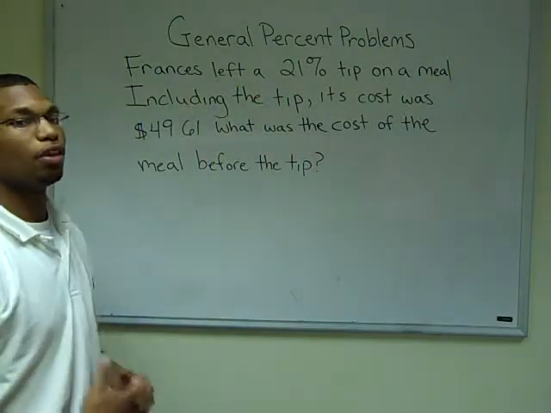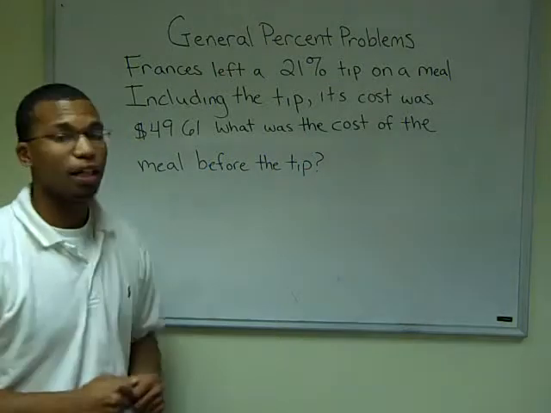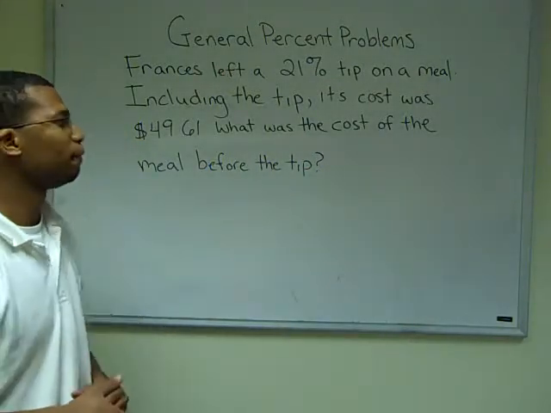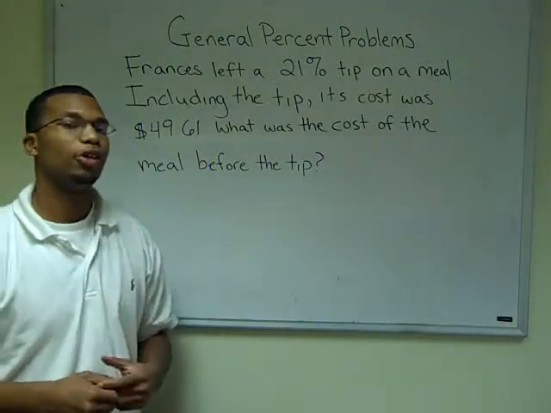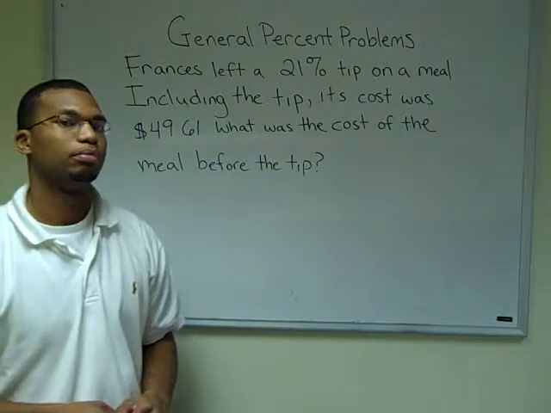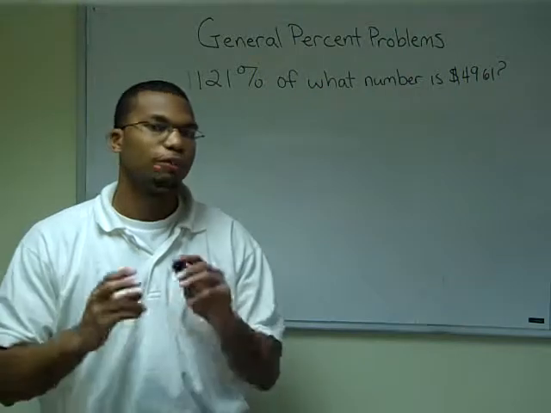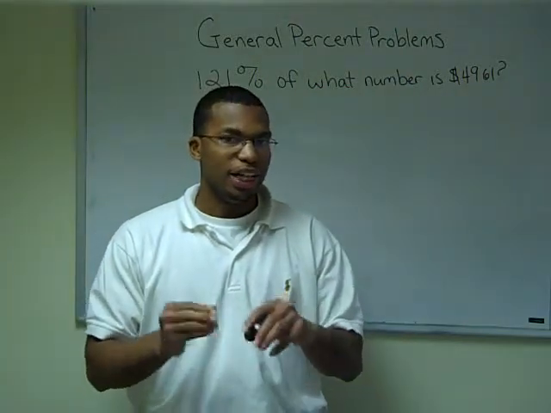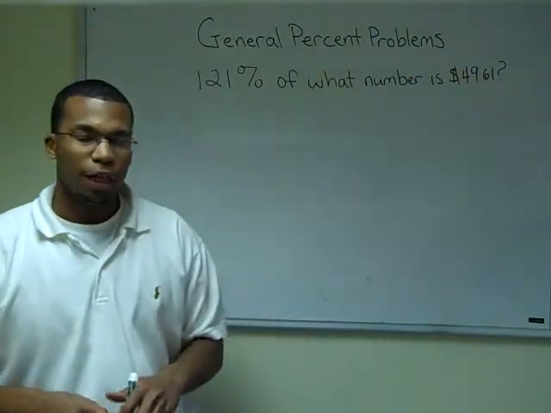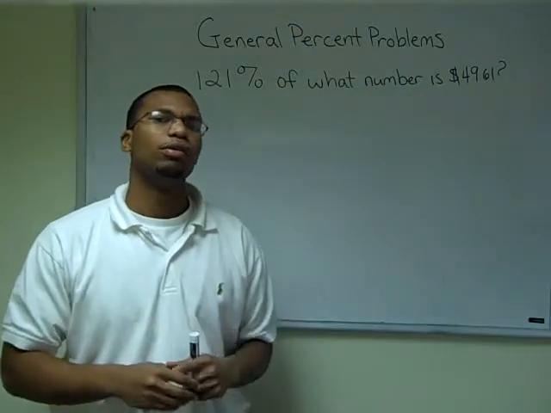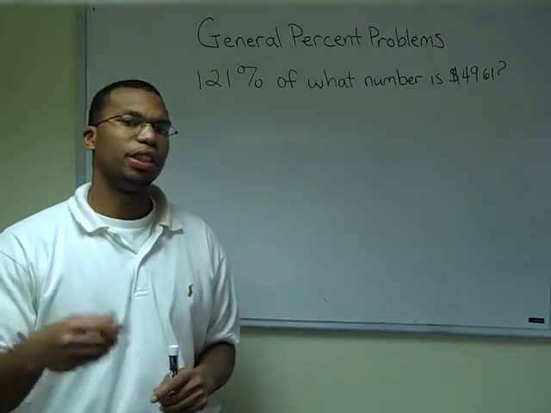In our next example, it reads, Francis left a 21% tip on a meal. Including the tip, its cost was $49.61. What was the cost of the meal before the tip? Now, before solving this problem, we must first understand exactly what did Francis pay. Now, Francis paid the whole bill, plus she paid the 21% tip.